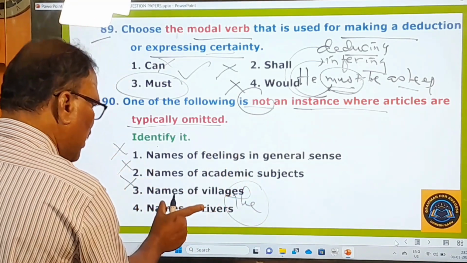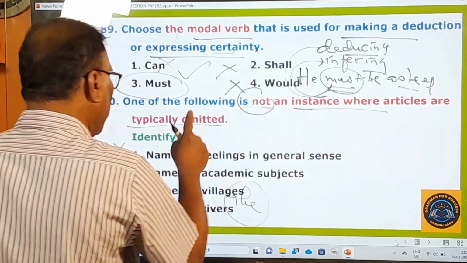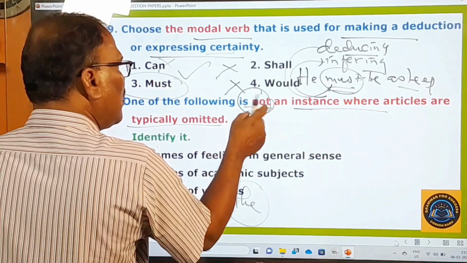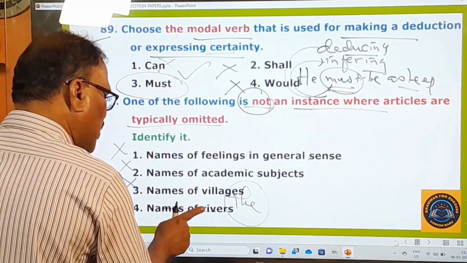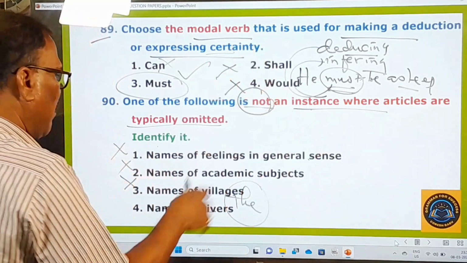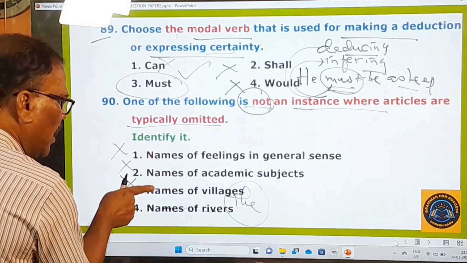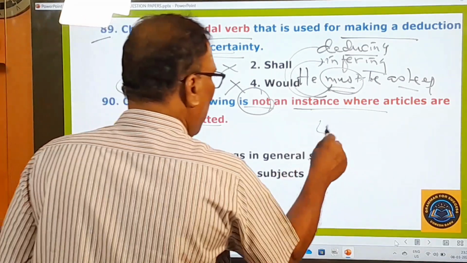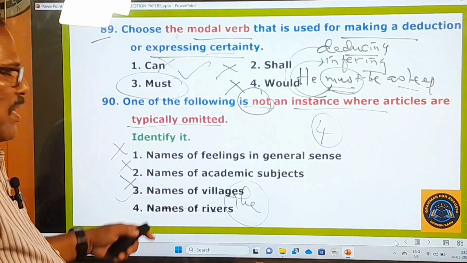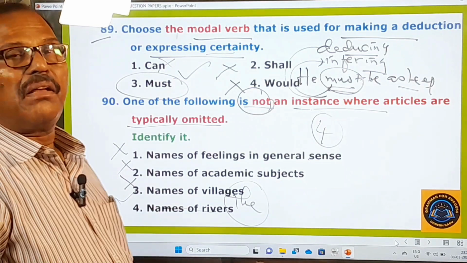So this is the only instance where articles are not omitted. With these things, you omit an article, but not with the names of rivers. So that's why this fourth one is the right answer. With the reverse, you don't omit any article.